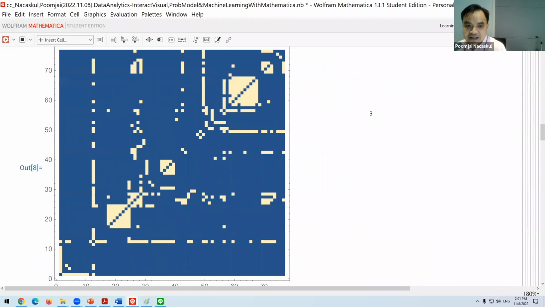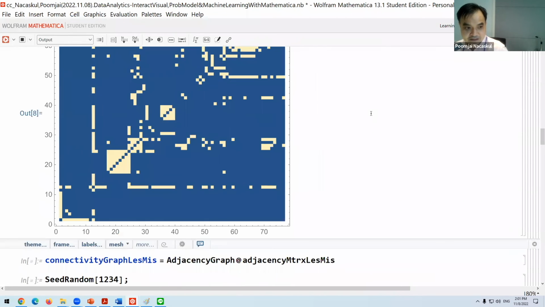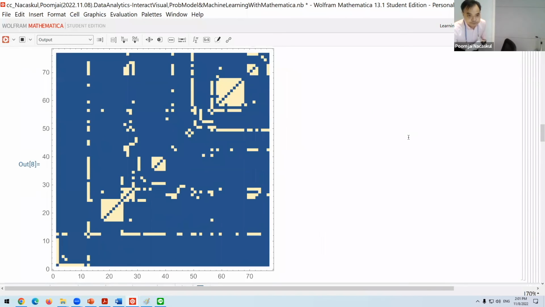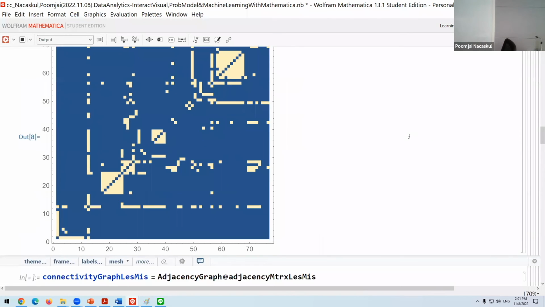Now, how do you interpret it? The matrix goes from 1 to 77 by 1 to 77, but in this case, 1 is at the bottom. See that?